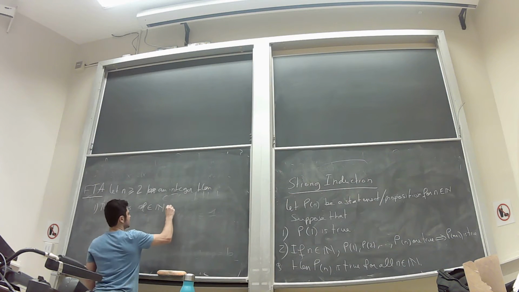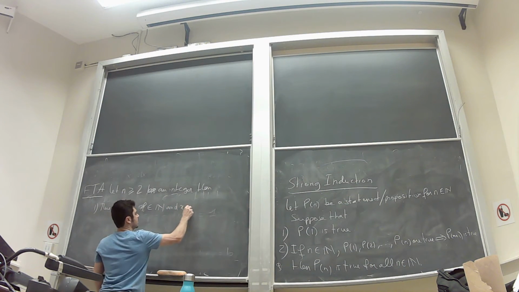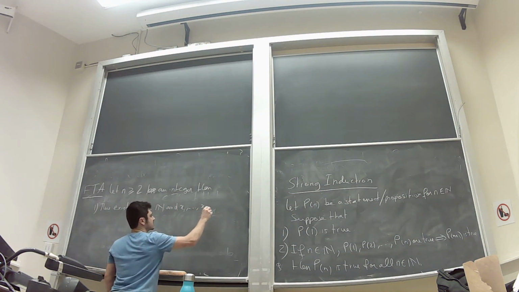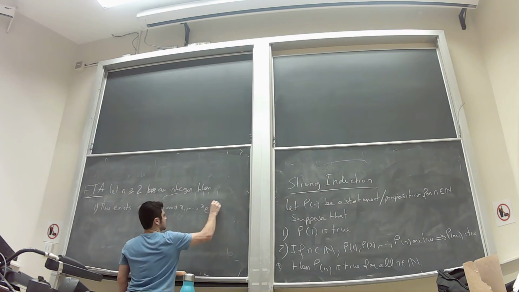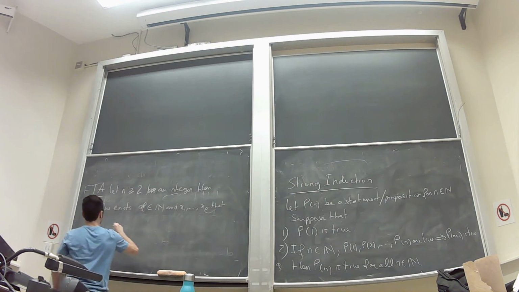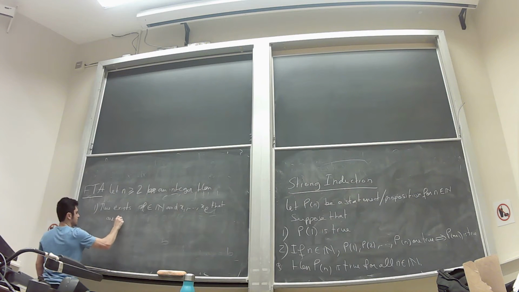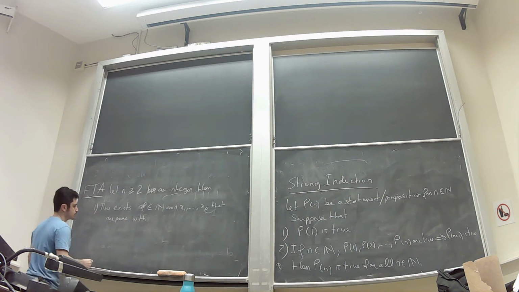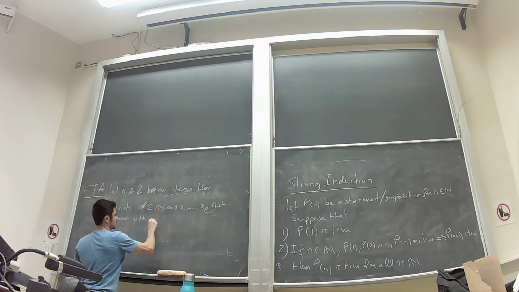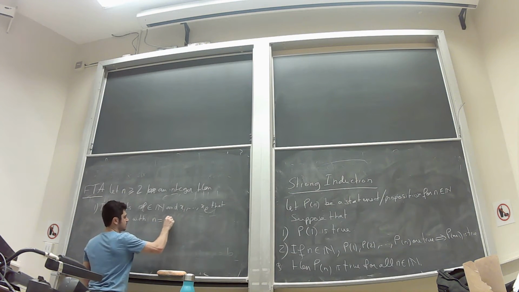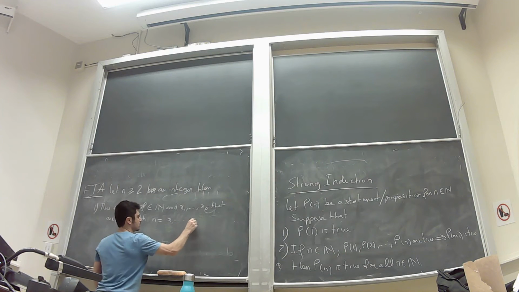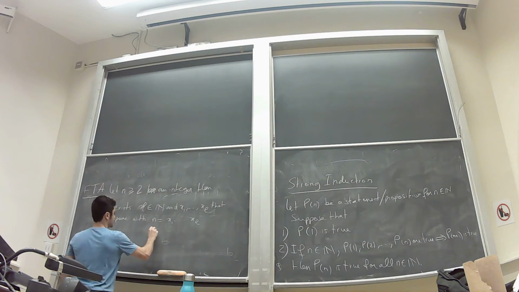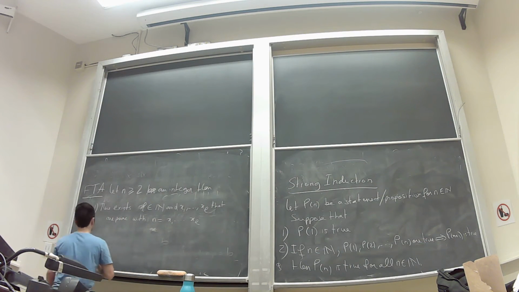There exist l and x1 up to xl that are prime, with n equal to x1 up to xl. This is the first statement. Second statement.